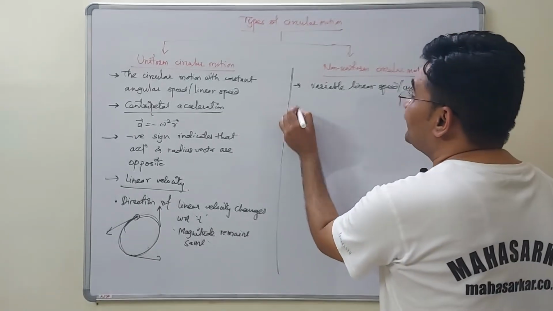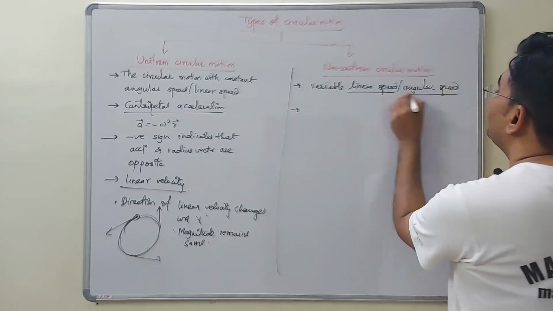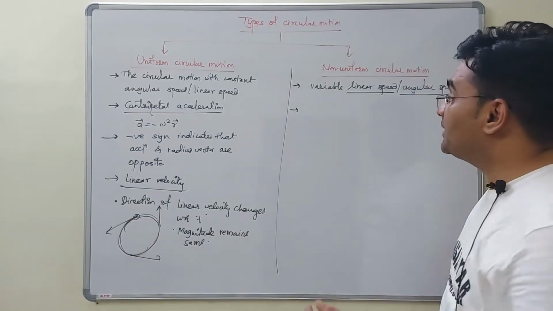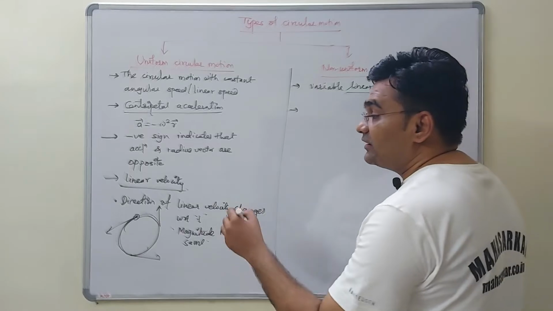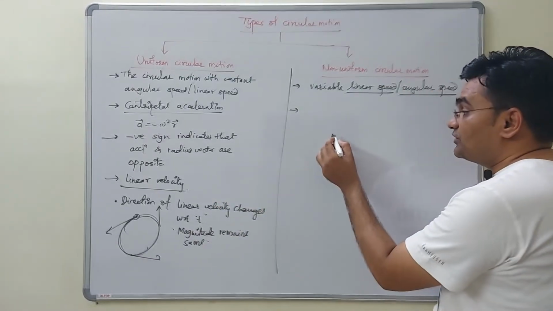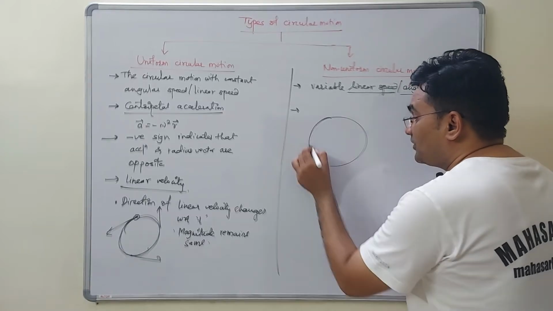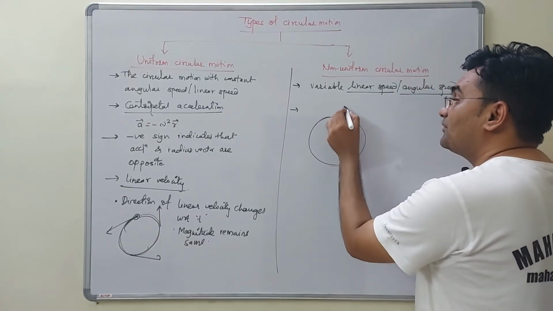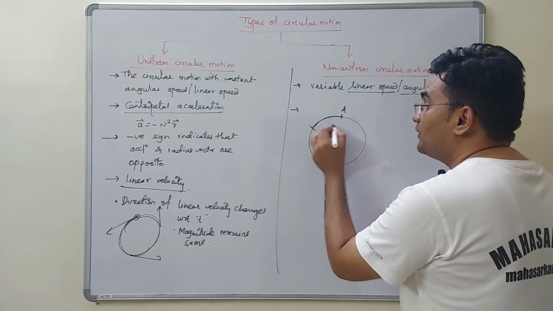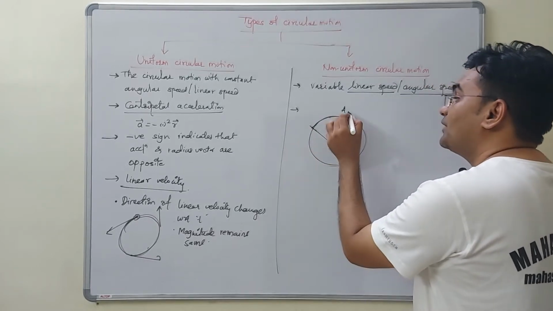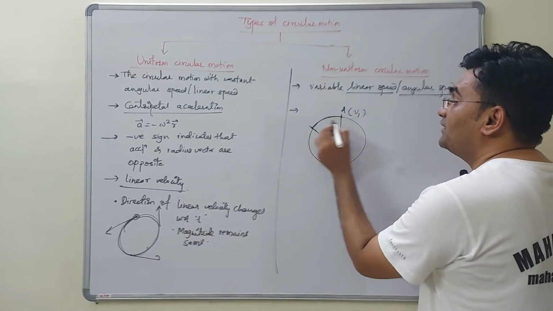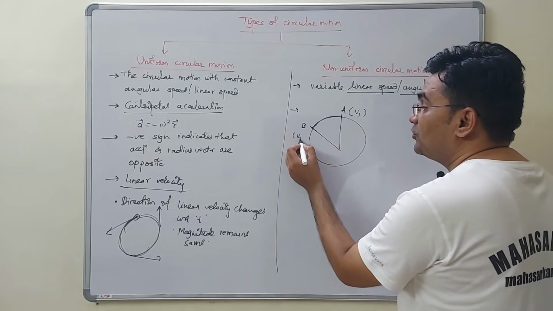Because of the continuous variation in angular speed and linear speed, the corresponding angular velocity and linear velocity also change. If an object is performing non-uniform circular motion from A to B, its velocity is changing: its velocity at point A was V1 and at point B is V2.